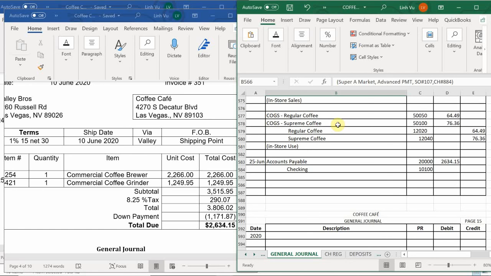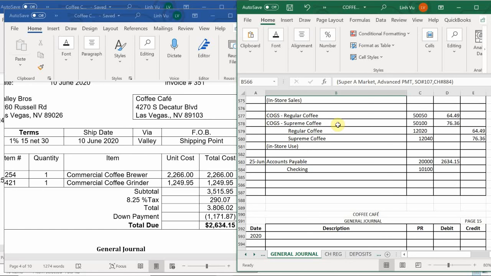The term is this: the discount is on the subtotal, yes. Then we can just take 1% of the subtotal. You can do that in terms of context if that's what you want to do.